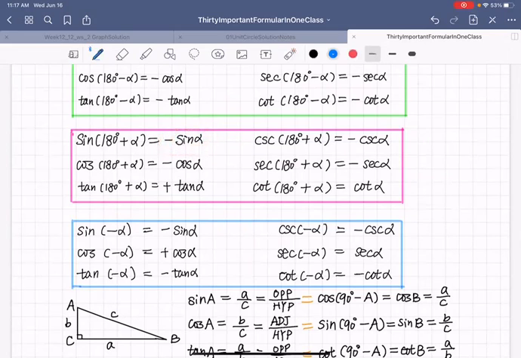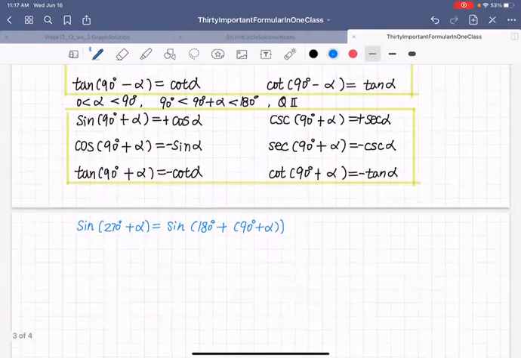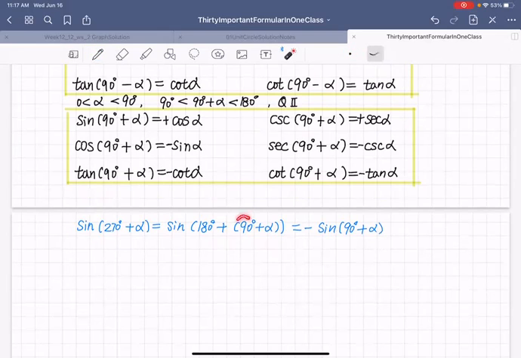So this becomes negative of sine of 90 degrees plus alpha, correct? So far, so good? You treat this as a package. This is your angle. If you have this angle plus 180 degrees, that is going to be negative of sine of 90 plus alpha, correct? So far, so good?